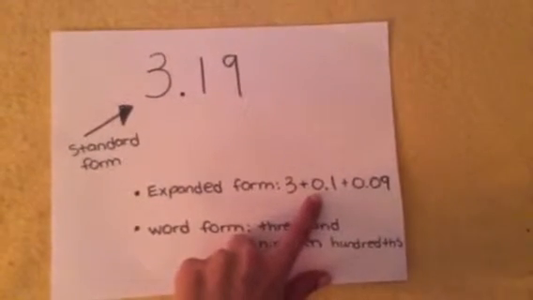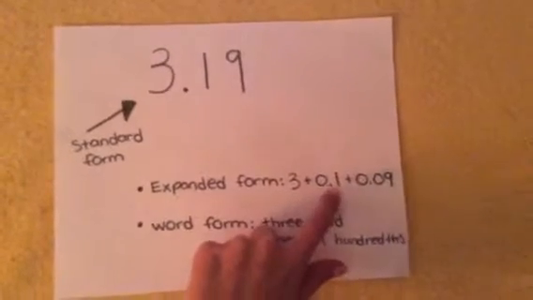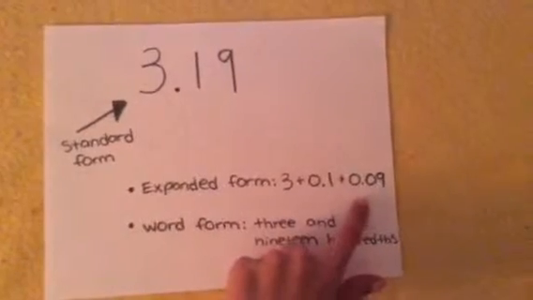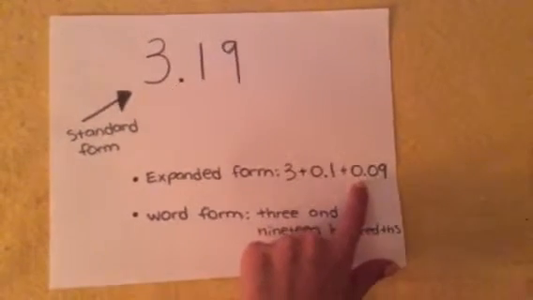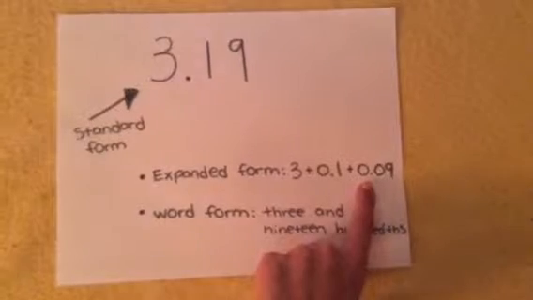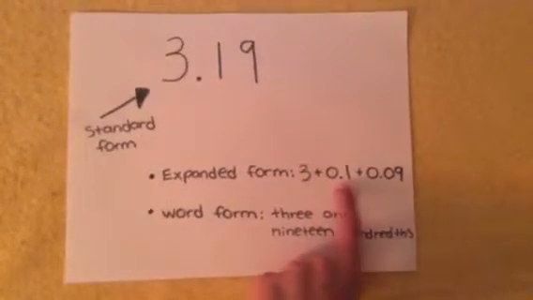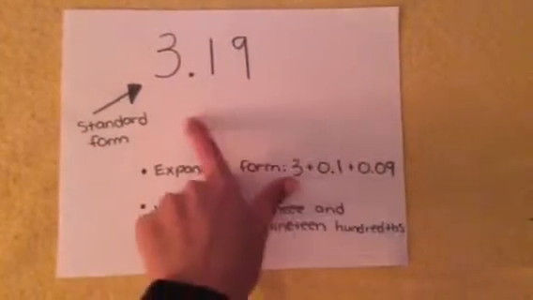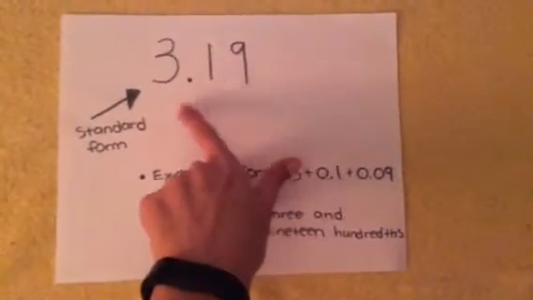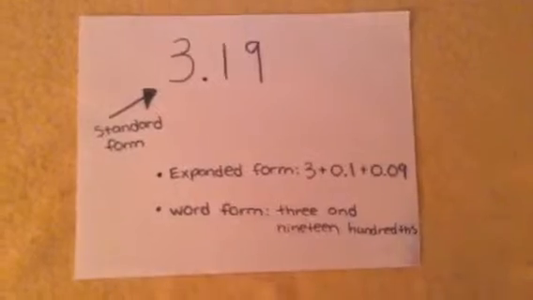That's how we write 1 tenth as a decimal, and you know that. Plus 9 hundredths. And that's how you write 9 hundredths as a decimal, and you know that as well. So if we add 3 plus 1 tenth plus 9 hundredths, you end up with 3 and 19 hundredths.